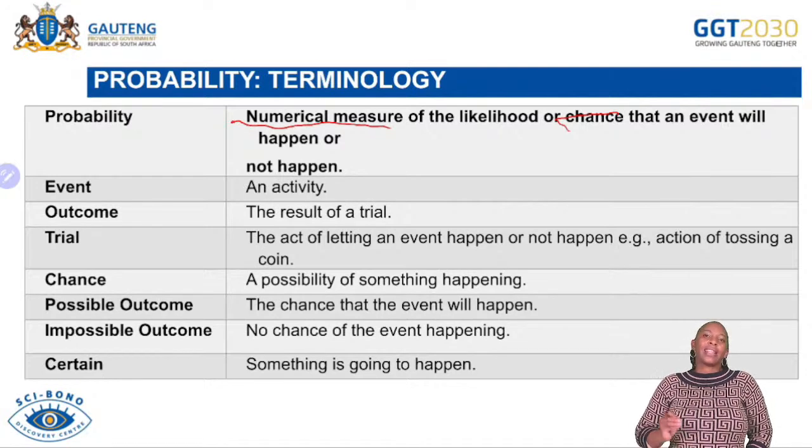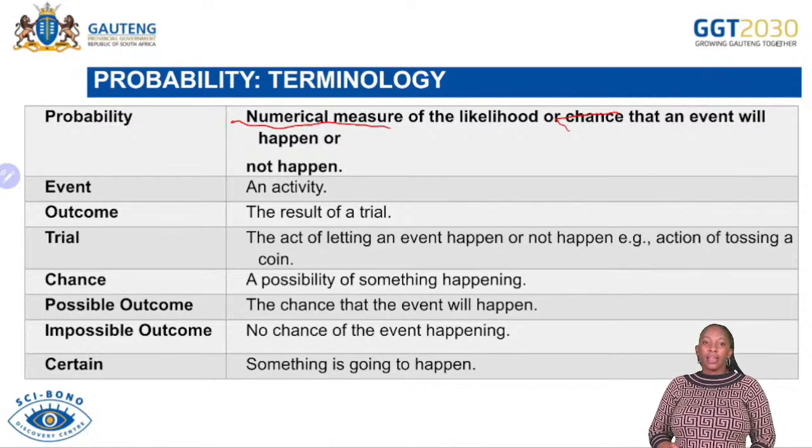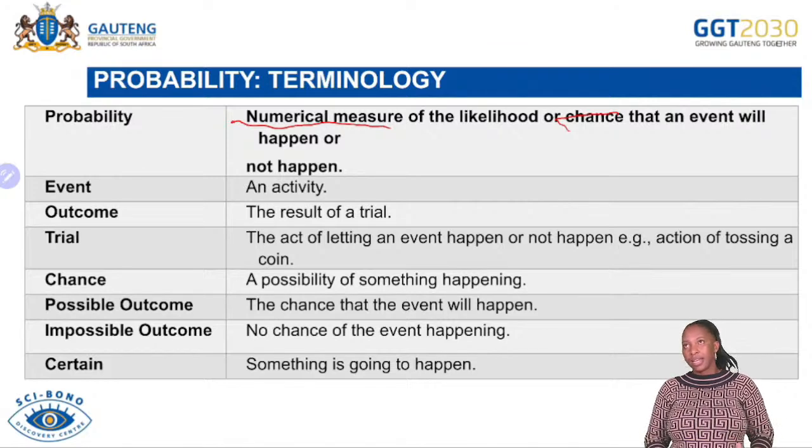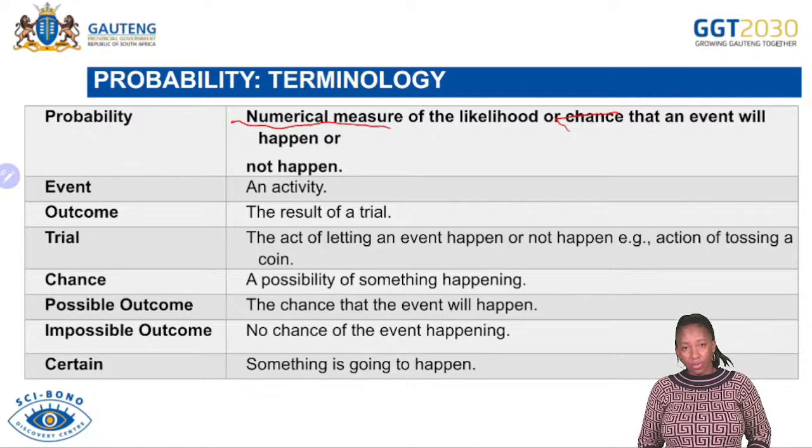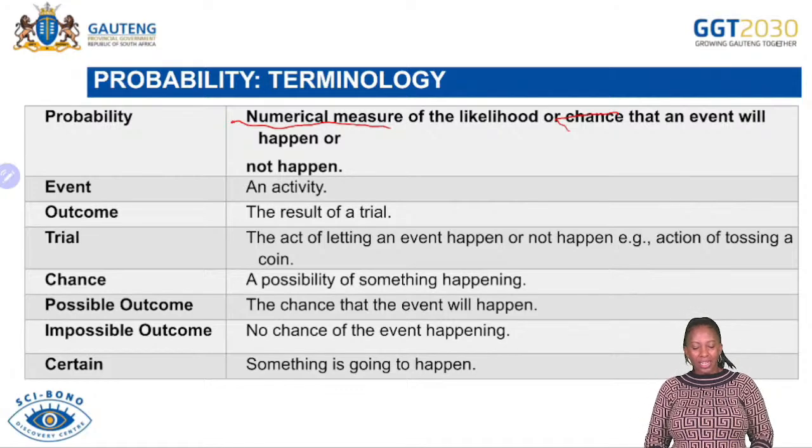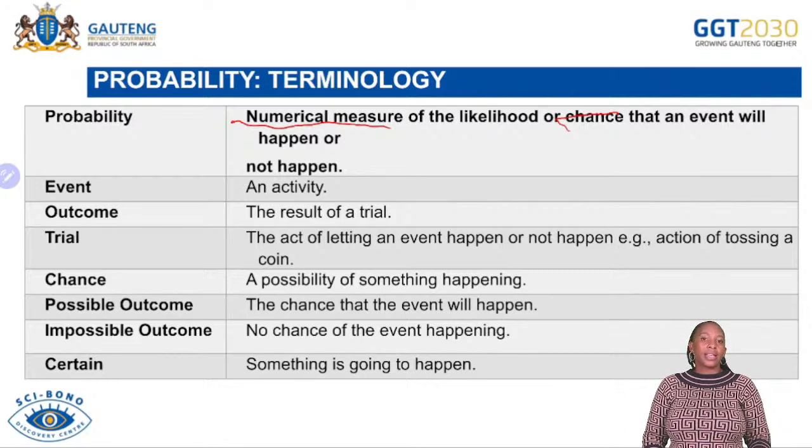So it means an activity must be carried out for us to say there is a chance of something happening or not happening. Let's take an example: a game between Kaizer Chiefs and Mamelodi Sundowns. Once we talk about a game, it's an event, an activity that is going to take place. We know it's a soccer match between the two teams.